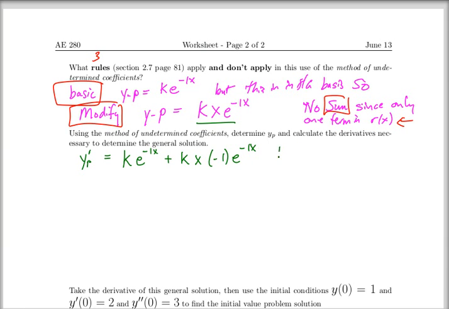This is product rule. And unfortunately, we're going to have to do it several times. So we got the product rule going on there.